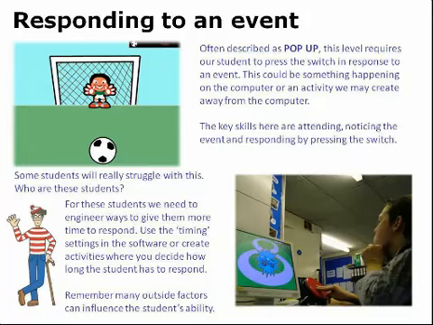So in other words, how long the child would have in order to respond to the object popping up on the screen. For some children, that period can be quite short, but for others it needs to be very long. And for some, the software doesn't need to move on until the child's pressed the switch. Certainly some of the newer software that we're seeing allows for that to happen.